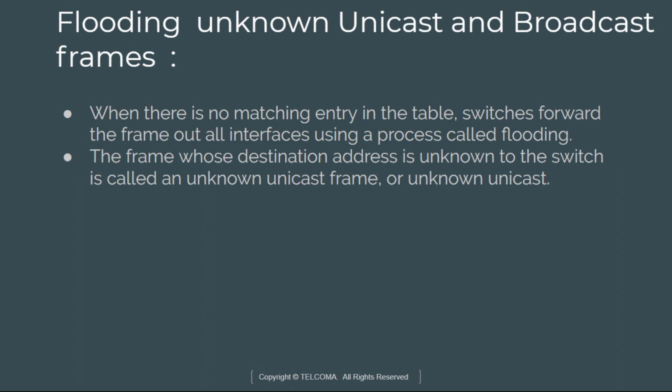Flooding means that the switch forwards copies of the frame out all ports except the port on which the frame was received. Switches also flood LAN broadcast frames because this process helps to deliver a copy of the frame to all devices in the LAN.